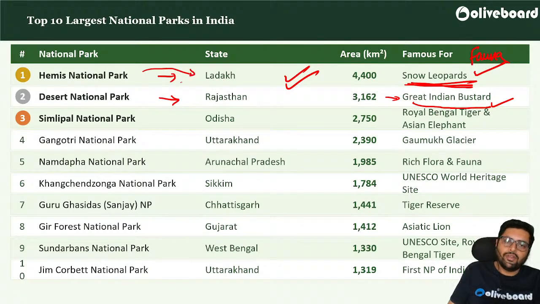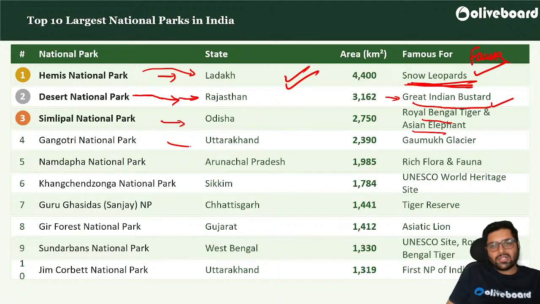Hemis, Ladakh, we know. Desert, where can you find desert? Obviously in Rajasthan only. Correct? Third largest is Simlipal, Odisha. It is famous for Royal Bengal tiger and Asian elephants. Then Nanda Devi National Park, Uttarakhand, near Gomukh Glacier, where Ganga originates. Namdapha, Arunachal Pradesh.